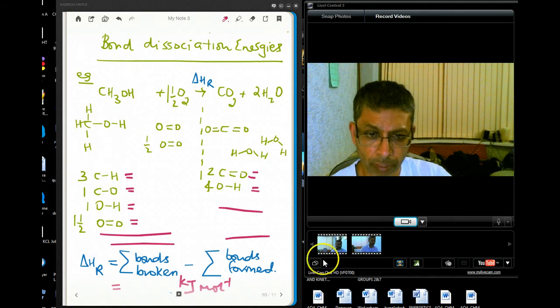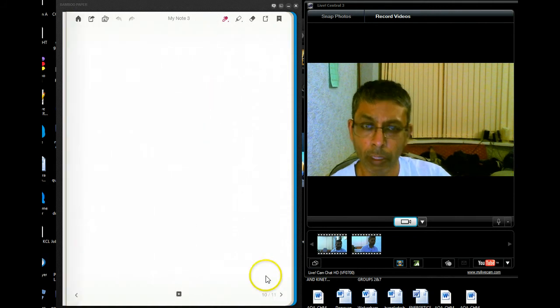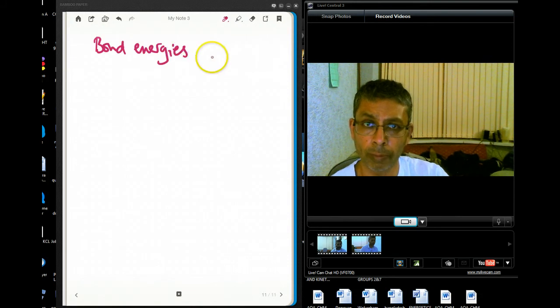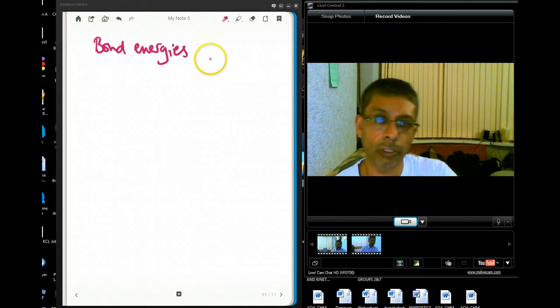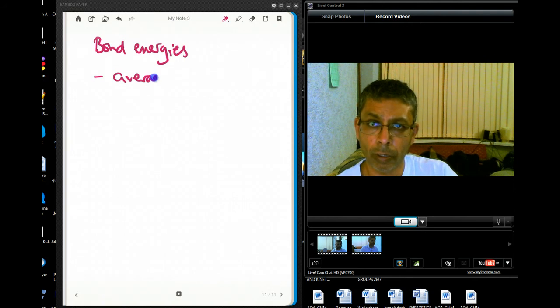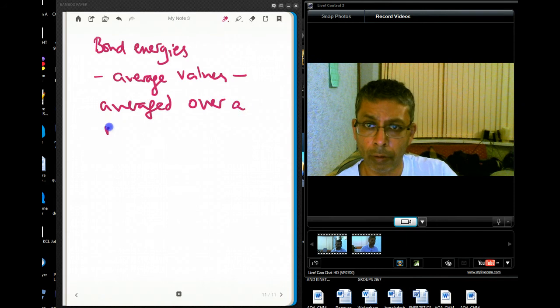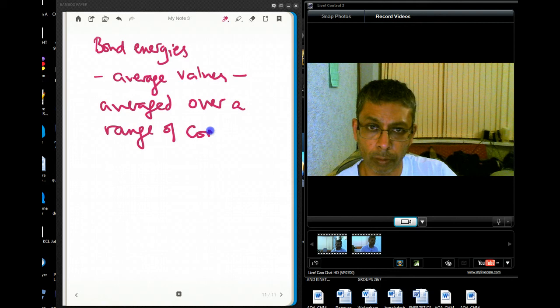Bear in mind just a couple of things on this one. First of all, the bond energies that you're given for each of the bonds, the carbon-carbon bond, the oxygen-hydrogen bond, etc., these are all average values, and they are averaged over a range of compounds.